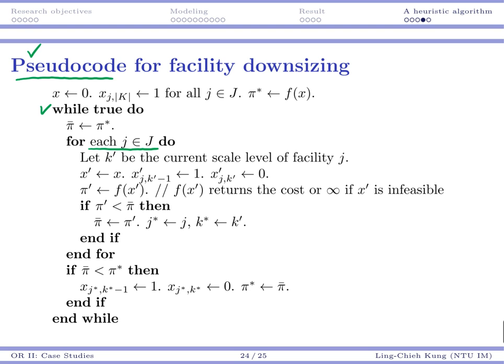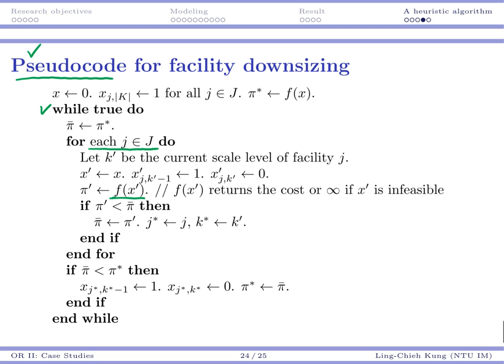Then we're going to store x, the current solution, to x prime, and then modify x prime to reduce the scale level for facility j by 1. Okay, so that's you do by assigning 1 to facility k prime minus 1, and assigning 0 for facility k prime. And once you do that, now your x prime is a new solution after one option of downsizing.